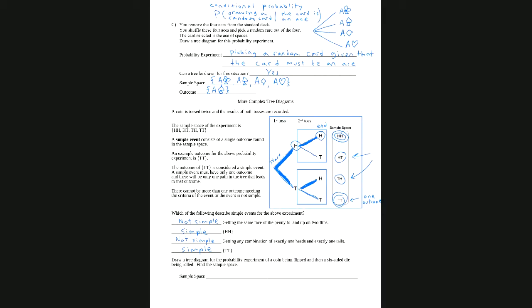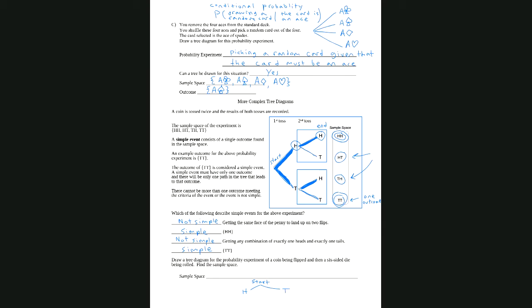All right, let's draw a tree diagram for the probability experiment of a coin being flipped and then a 6-sided die being rolled. Find the sample space. All right, so I'm going to draw one from the top down. I'll start up here, and I'm going to go to 2 possibilities for the flip of the coin, heads and tails.